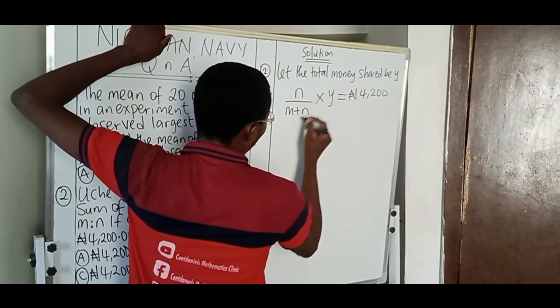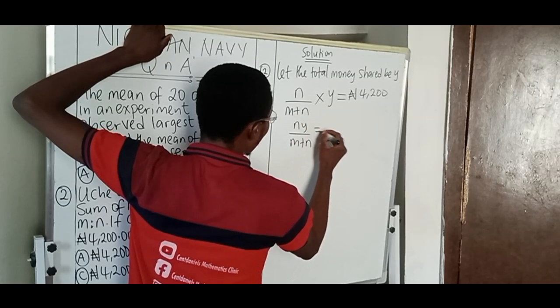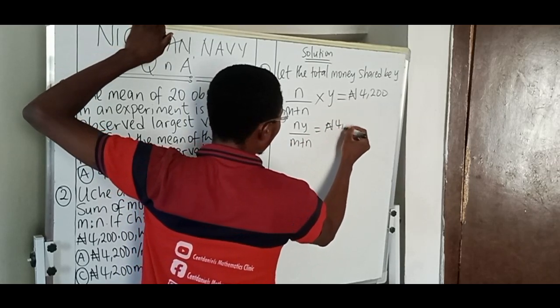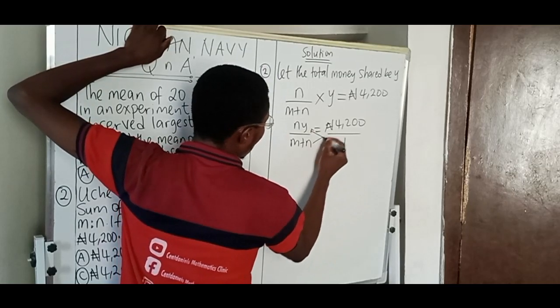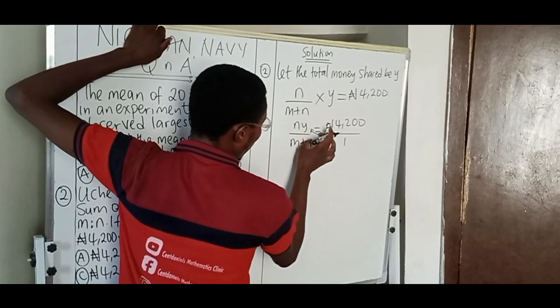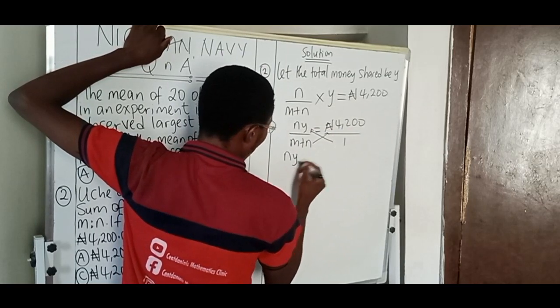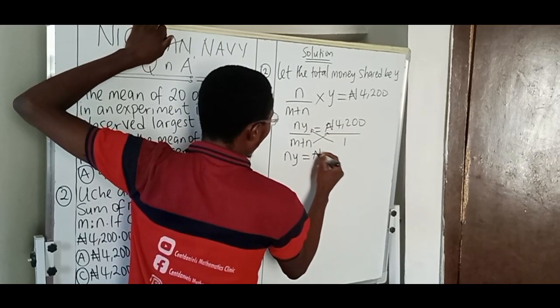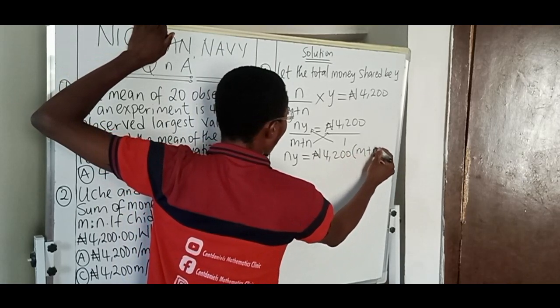This N times Y is NY over M plus N equals 4,200. You can put over 1 here. You cross multiply, it is safe because you have just 2 fractions with an equality sign in between. So NY times 1 is NY equals 4,200 bracket M plus N.